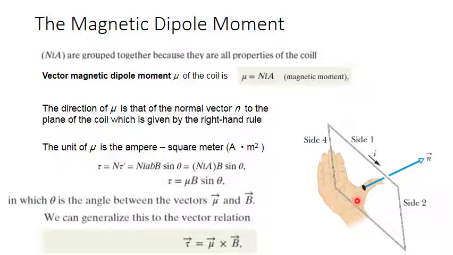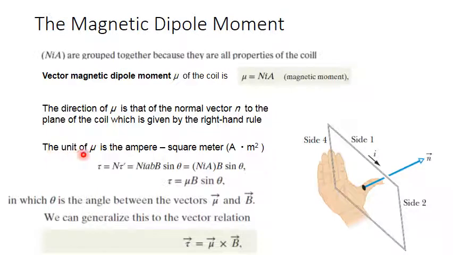So by using the right hand rule, we can obtain the direction of the vector magnetic dipole moment. So the direction of mu is the normal vector to the plane of the coil, which is given by the right hand rule.